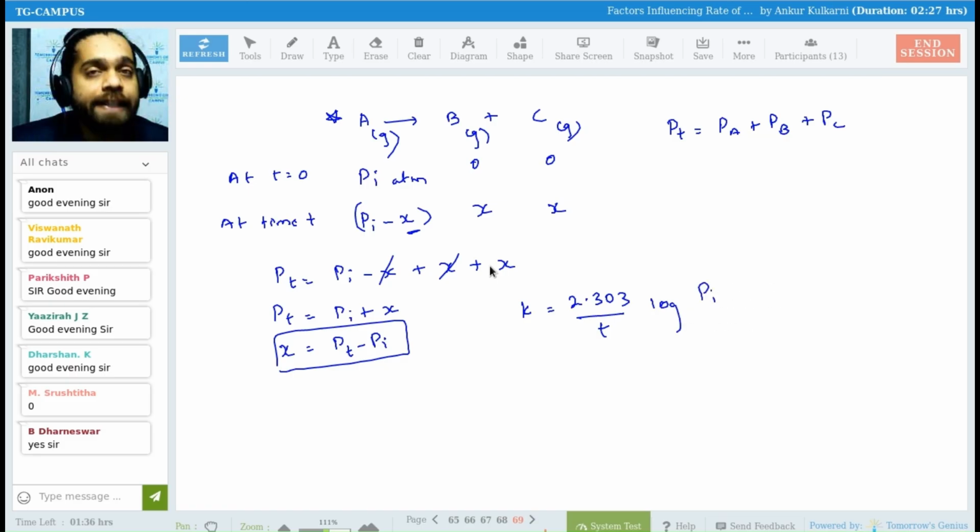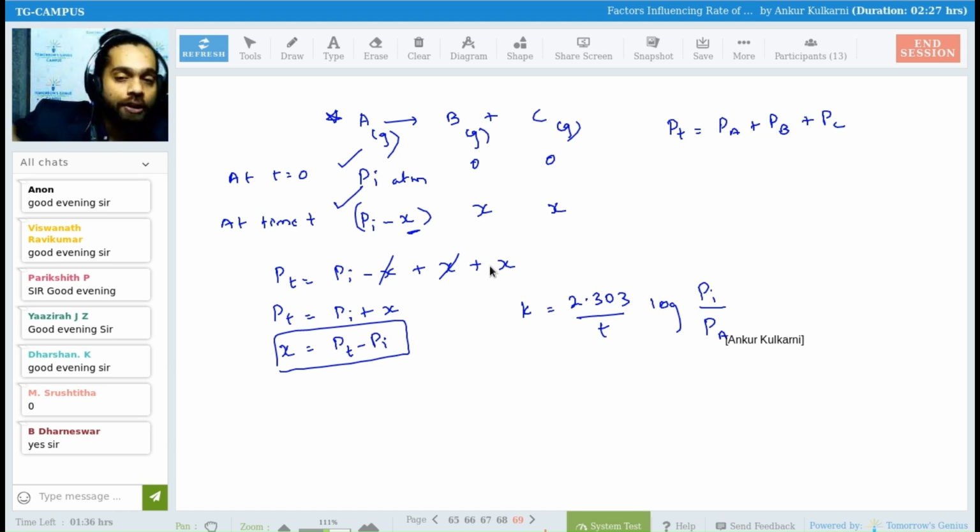Now we know that rate is always dependent on the concentration of reactant, not product, and that's why we are only going to talk about this. So it is initial over the final concentration of reactant.